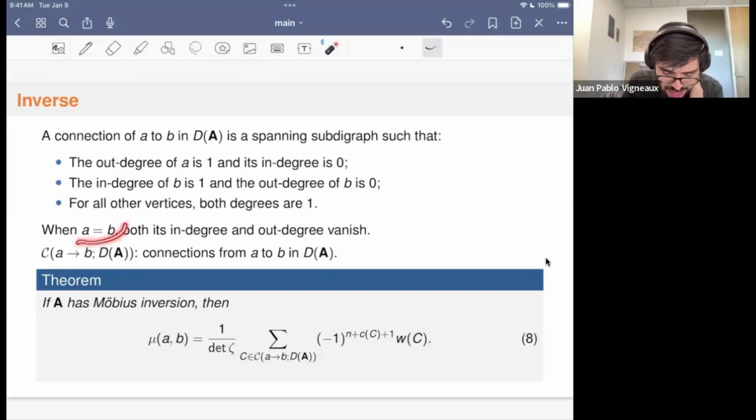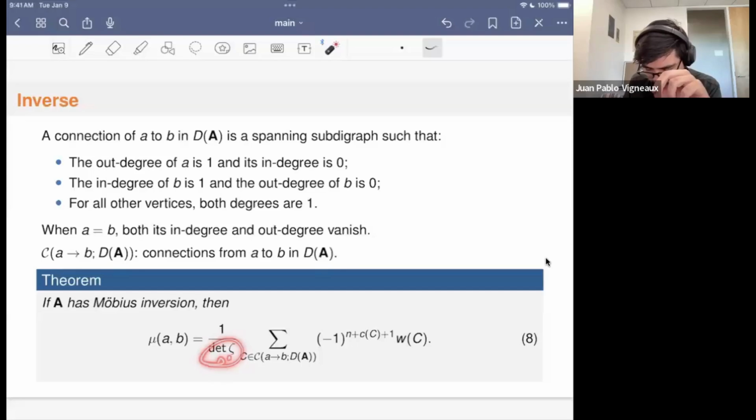Of course, there is a different case when A equals B. In that case, you don't have anything on A. There is no self cycle there, and there is just a cycle decomposition of the complement. And then if A has Möbius inversion, you can write the components of the inverse as 1 over the determinant.